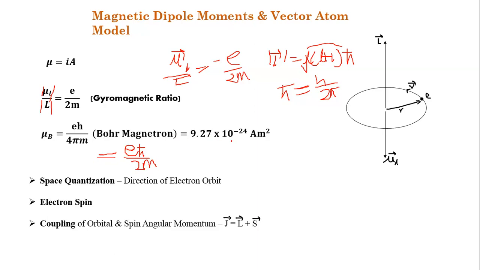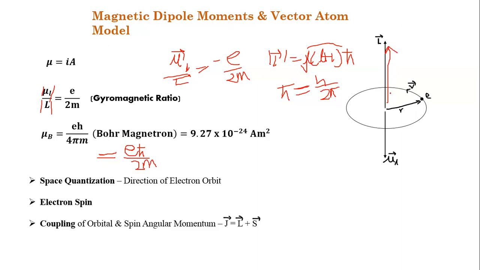Now also, due to the orbital motion, there is space quantization, that is, the orientation of the orbit in which the electron is revolving is also quantized. In this case, the direction is along L. Suppose we take it as the z axis, then the direction is along the z axis.